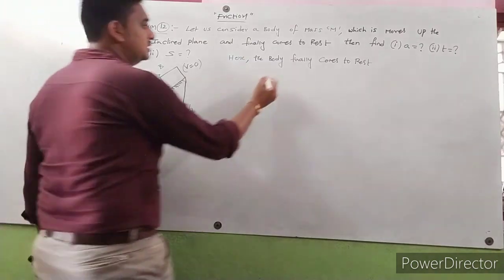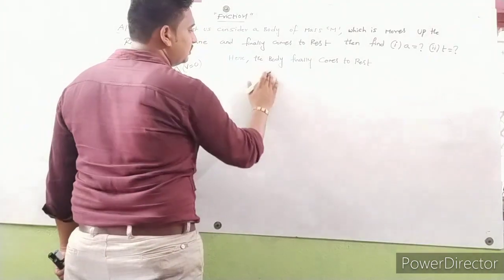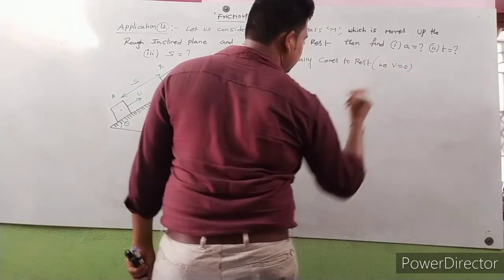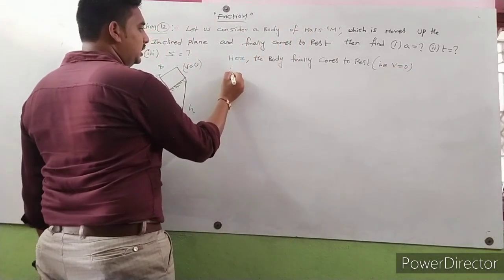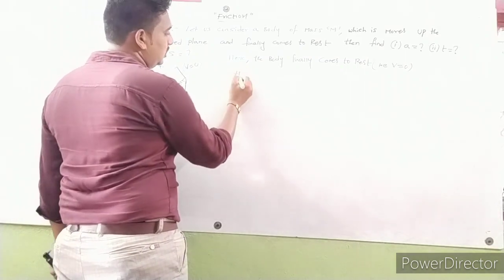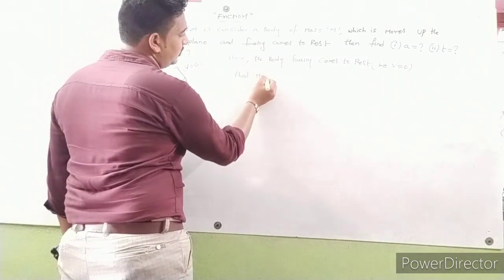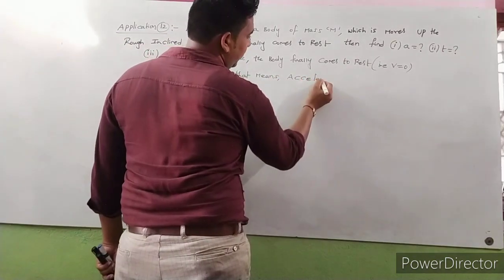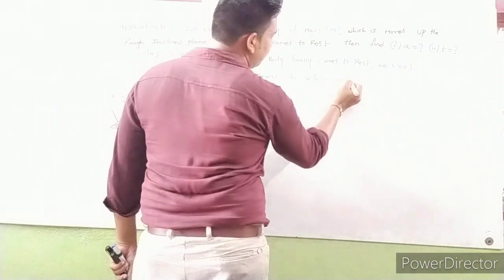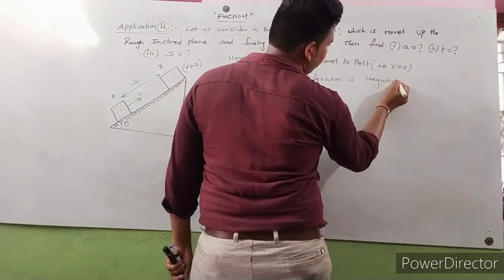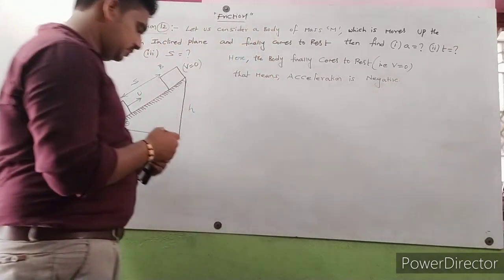Comes to rest means final velocity is 0. That means acceleration is negative.